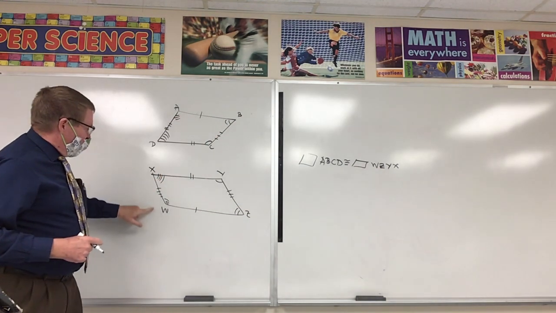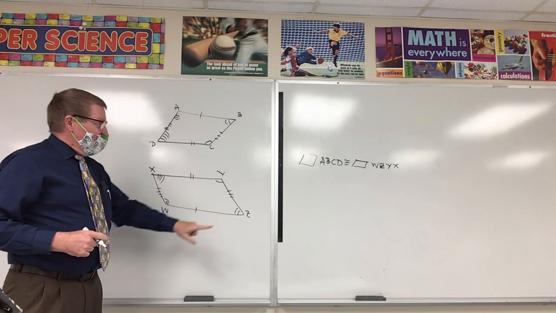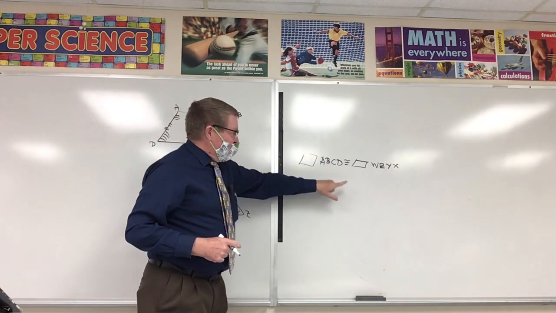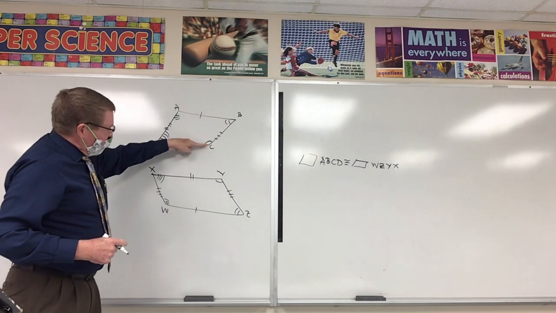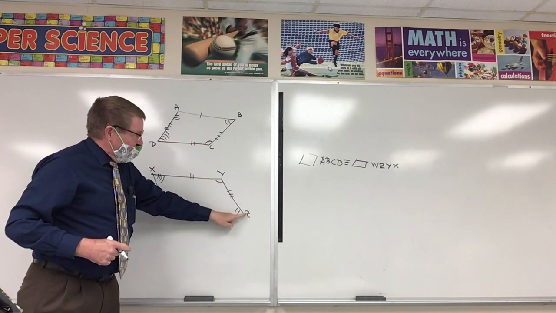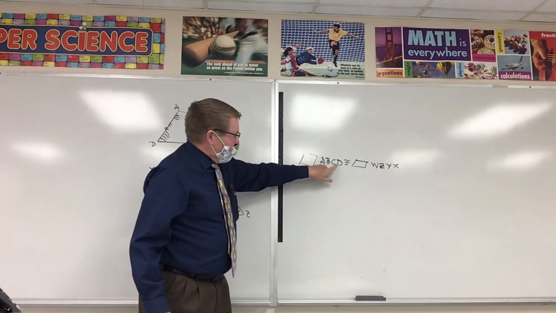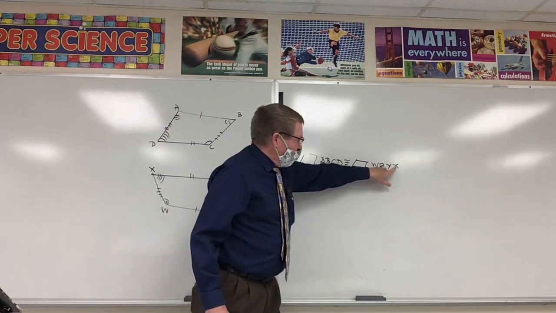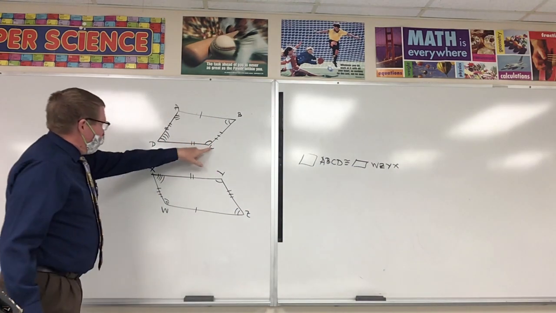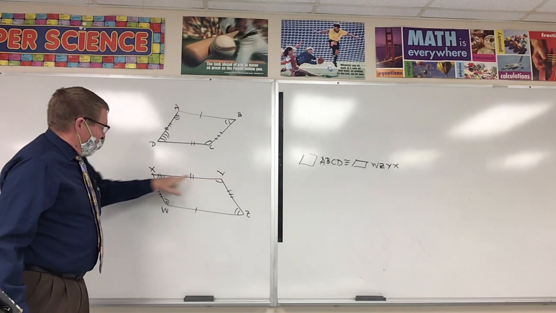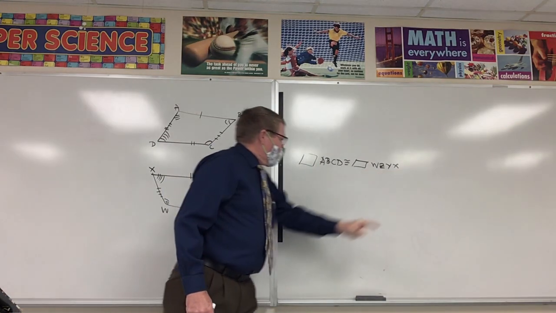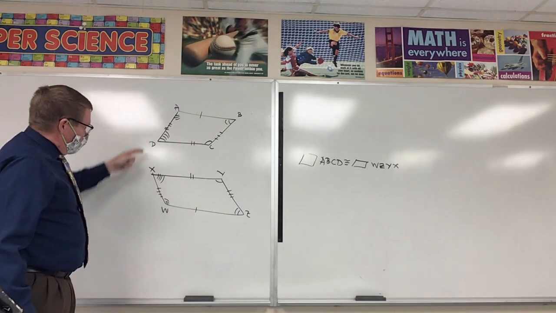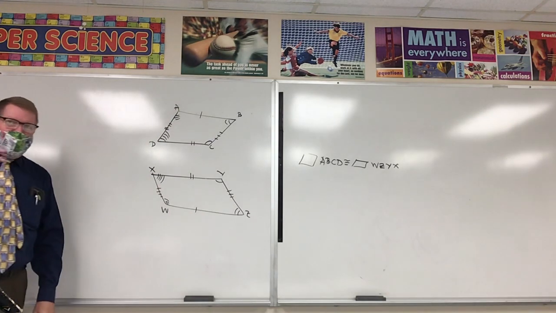I also know that BC is congruent to ZY. I know that CD is congruent to YX. And then I know that AD is congruent to WX. So that we have them all matched up.